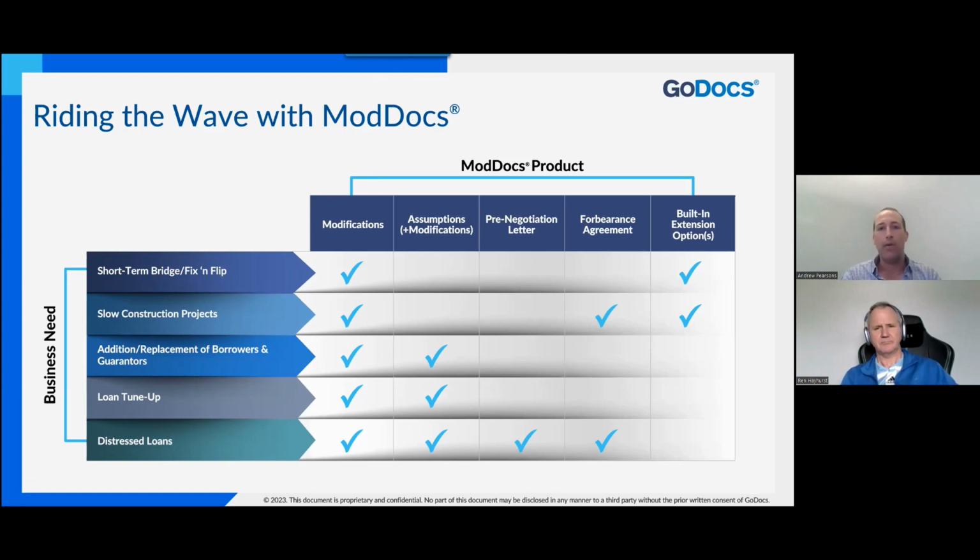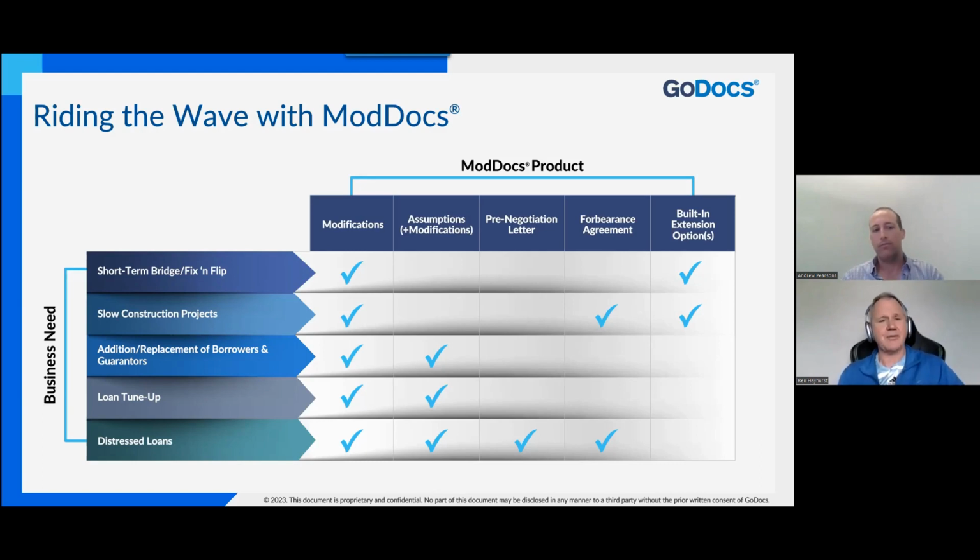So with that, Ren, I will hand it over to you to explain a little more about what the GoDocs ModDocs offering is. Great, thank you, Andrew. So we're going to talk about a number of factors today. We're going to talk about the different types of ways to work through debt, either as it's maturing or as you have distressed or underperforming assets, and helping get those back to some semblance of performance for both the success of the lender and the success of the borrower.